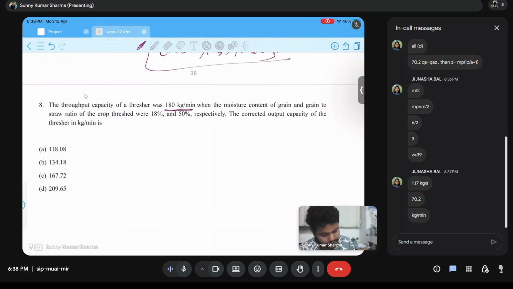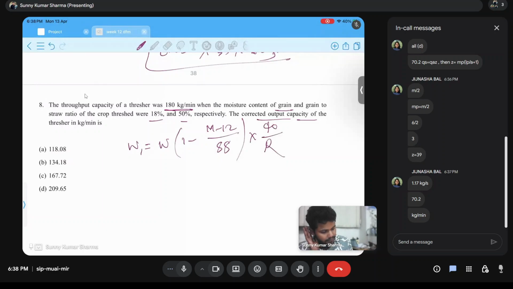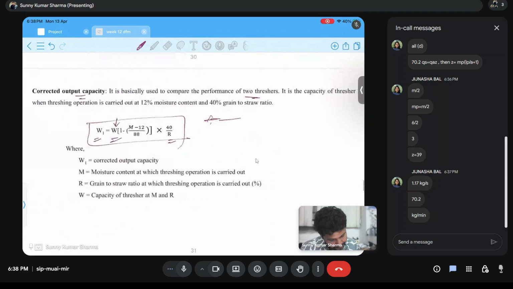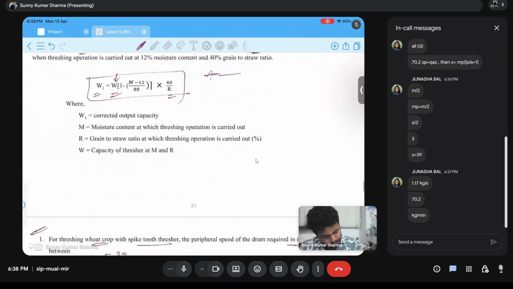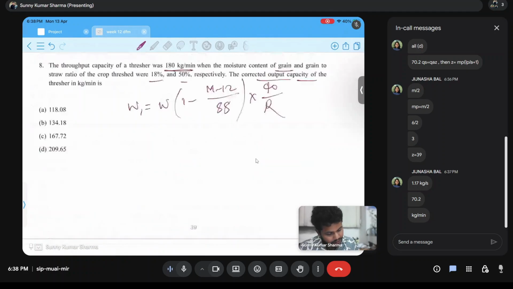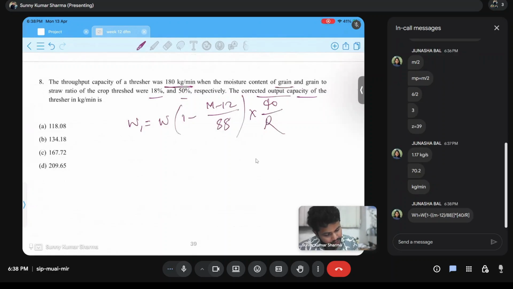Next question is, the throughput capacity of a thresher was 180 kg per minute when moisture content of grain and grain to straw ratio is 12, 18 and 50% respectively. So corrected output capacity. Just now we have seen corrected output formula is W1 is equal to W into 1 minus moisture content minus 12 by 88 into 40 by R. So what is the moisture content and grain to straw ratio here?